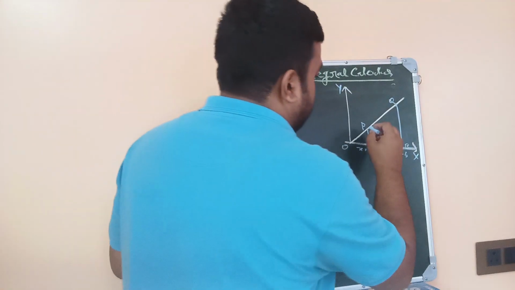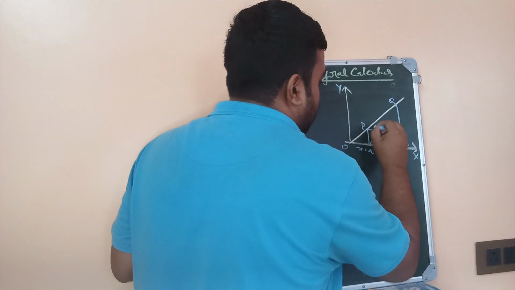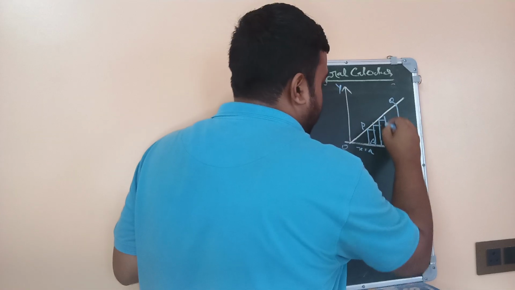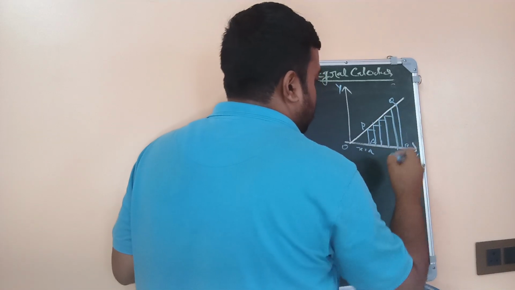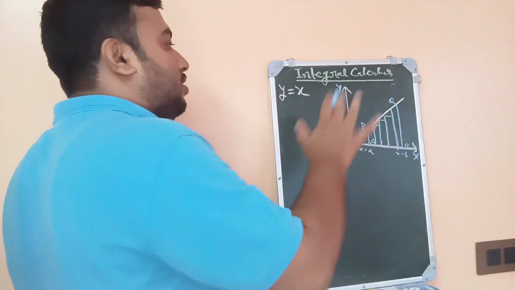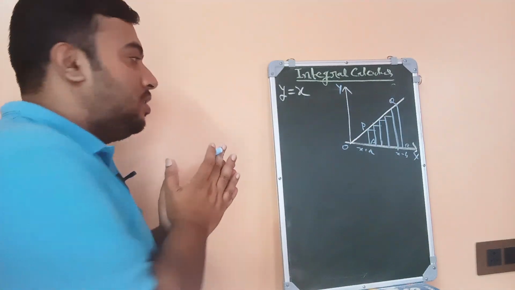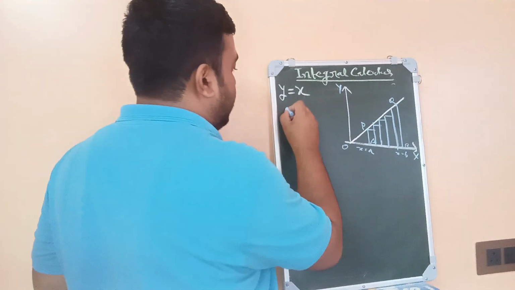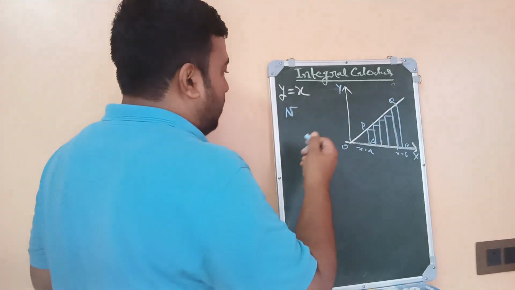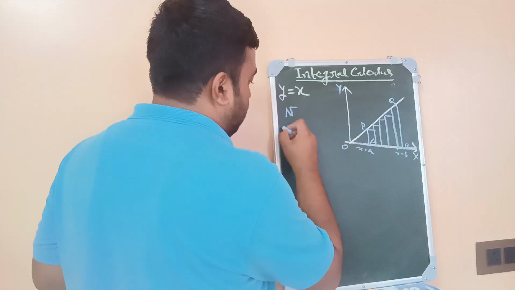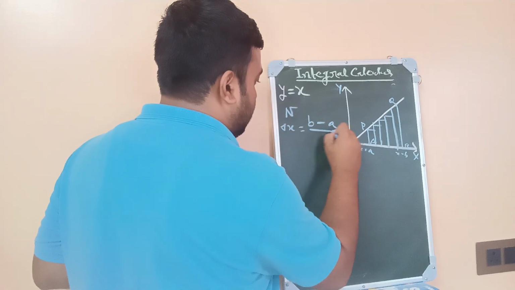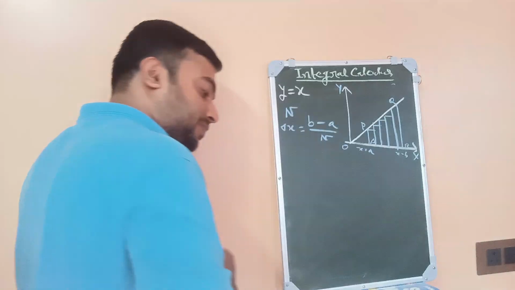What we did earlier was divide it into small rectangular bars and then sum up. Similarly, we will divide it into n equal rectangular bars, each of length delta x equals b minus a by n.